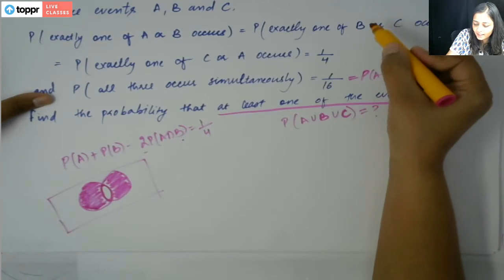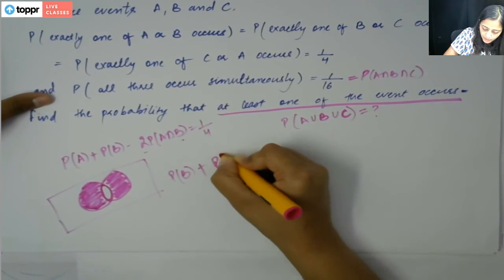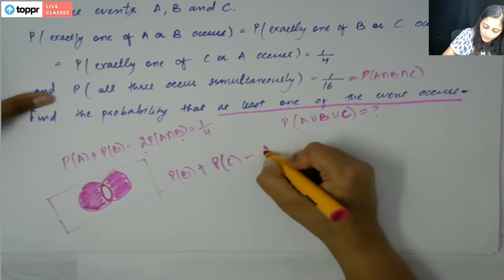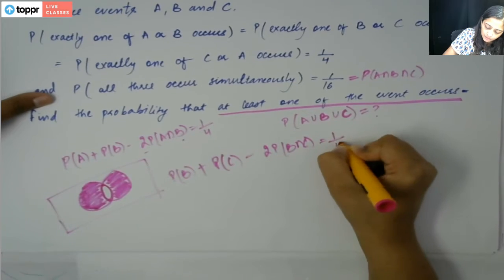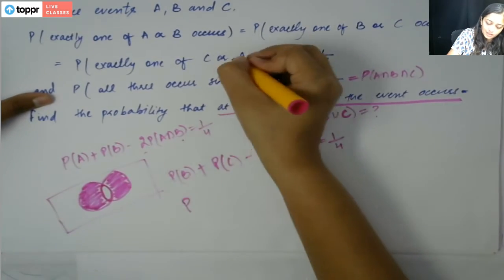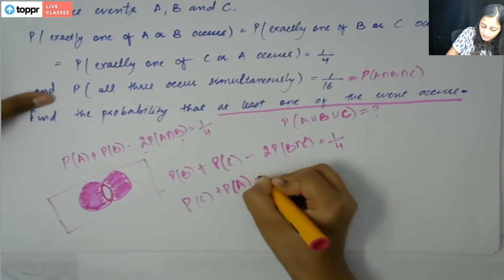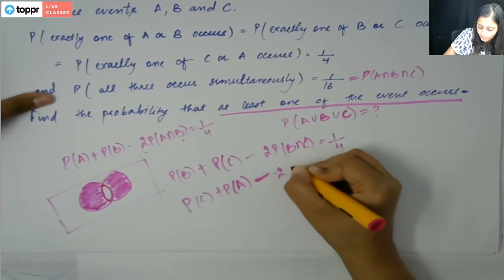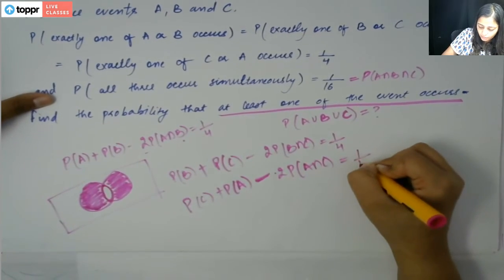Probability of exactly one of B or C is probability of B plus probability of C minus twice probability of B intersection C, which is also equal to 1 by 4. And same in this case, probability of C plus probability of A minus twice probability of A intersection C is equal to 1 by 4.